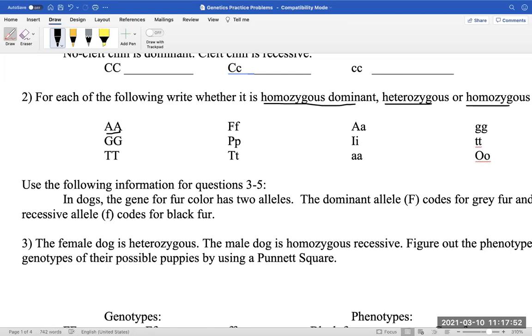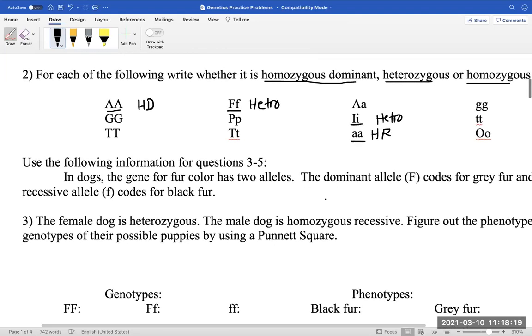I'm not going to write the whole thing out. What about this one? Heterozygous. This one? Homozygous recessive. And this one? Heterozygous. So you guys understand that as well.